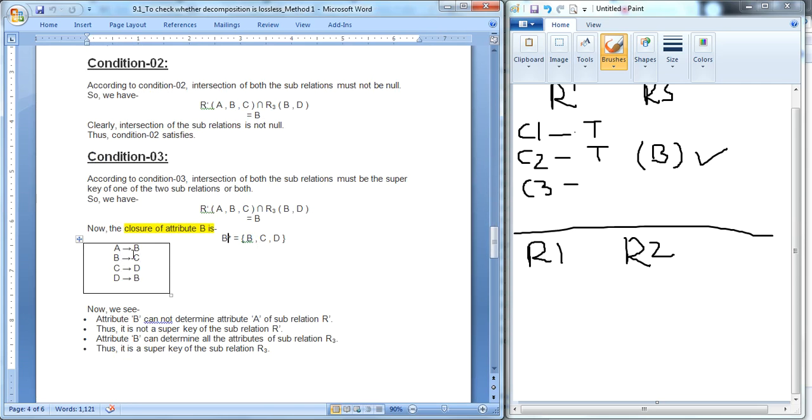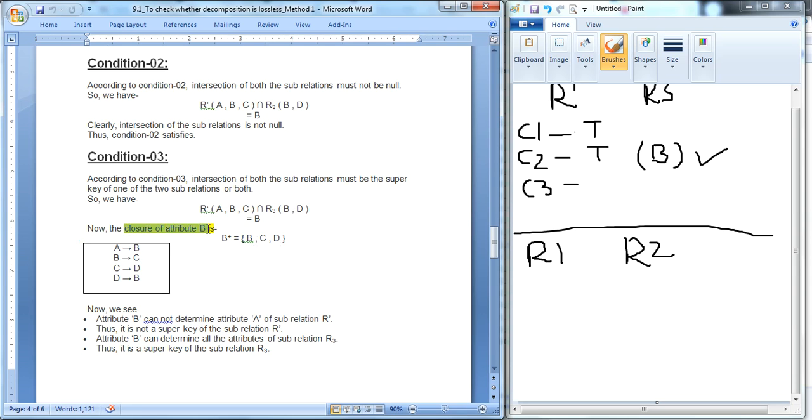Then B has a relation with C, so C comes under the closure of B. Then C has a relation with D, so D is also in the closure of B. Now D has a relation with B and B is also available. Then all the closure is calculated. Closure of attribute B is BCD.